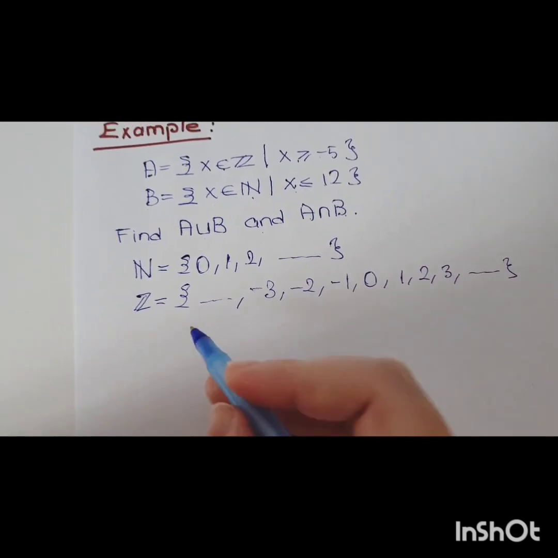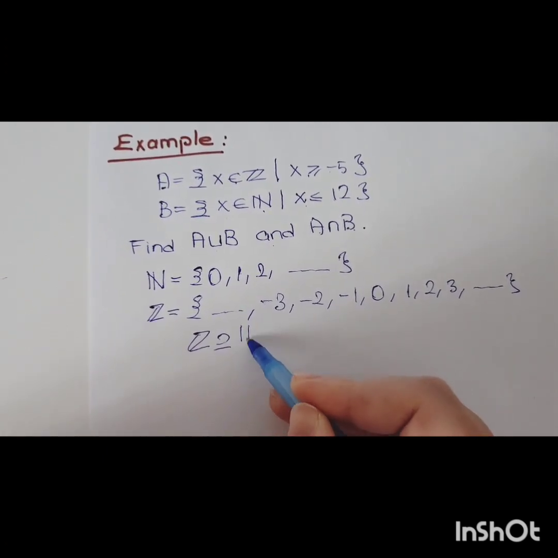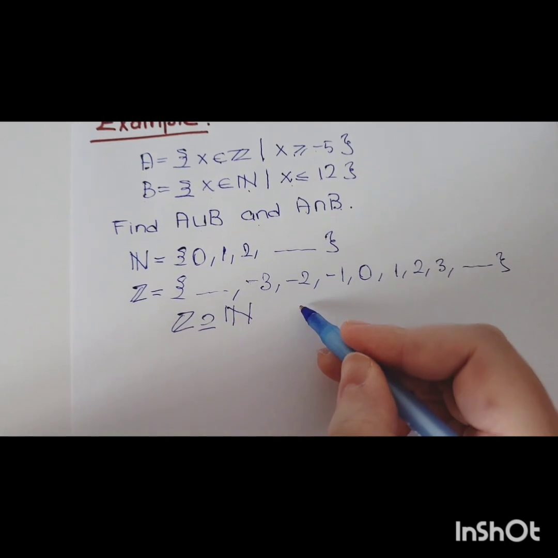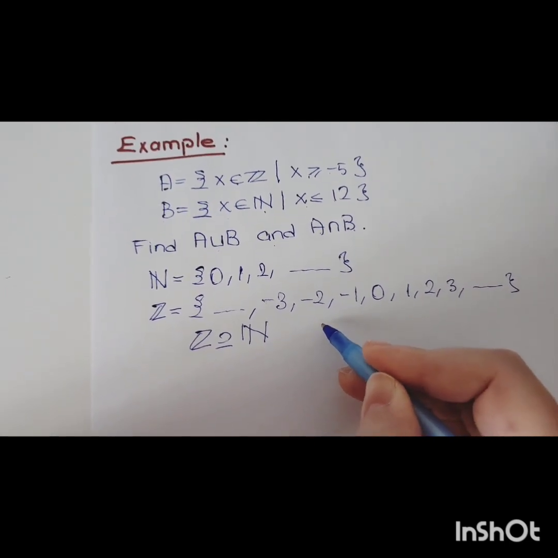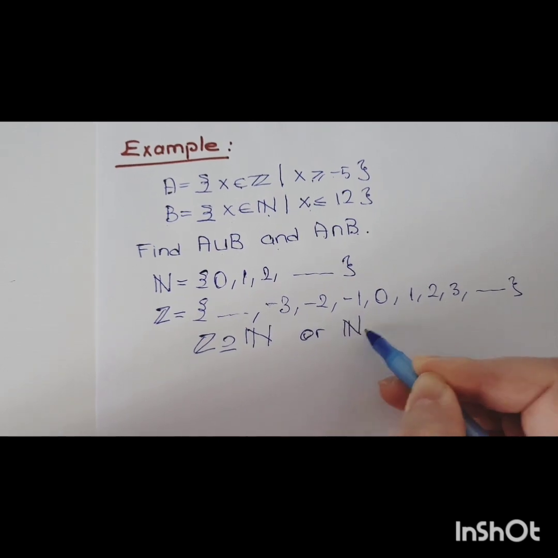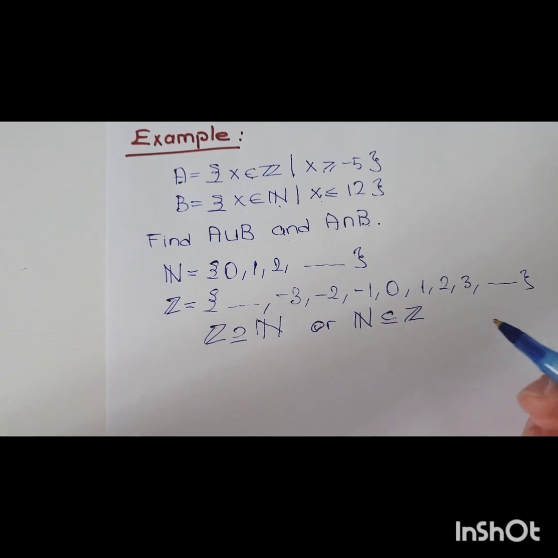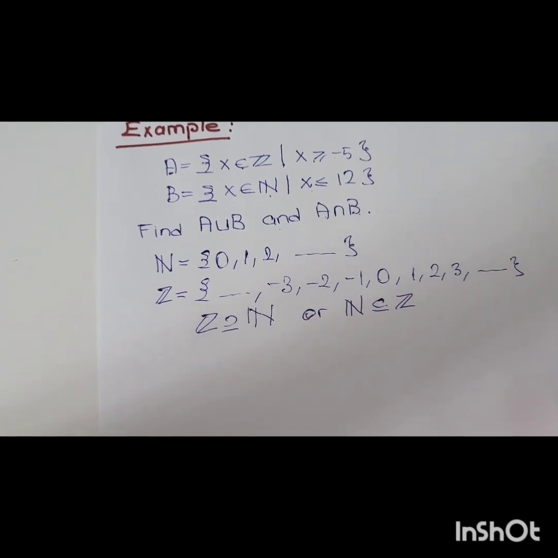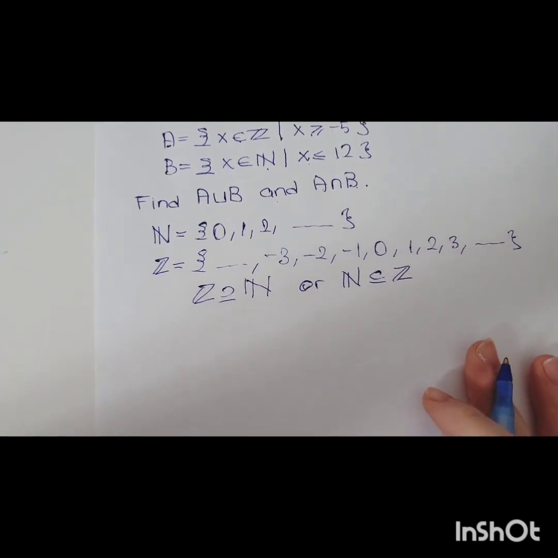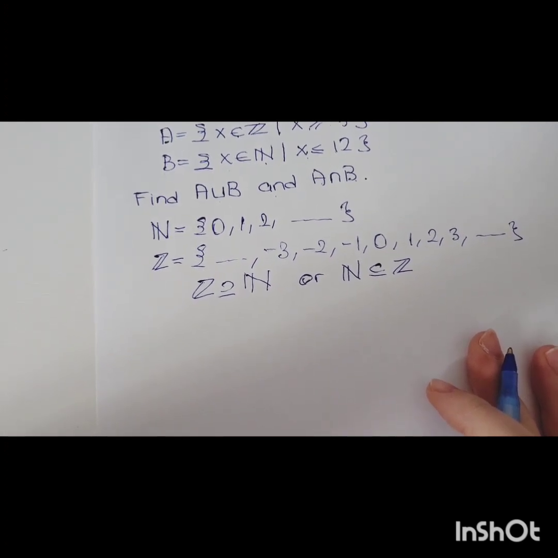You can see here Z contains the natural numbers. In a way, we can also say that the natural numbers are a subset of the set of integers. We should consider this while creating the union and the intersection.